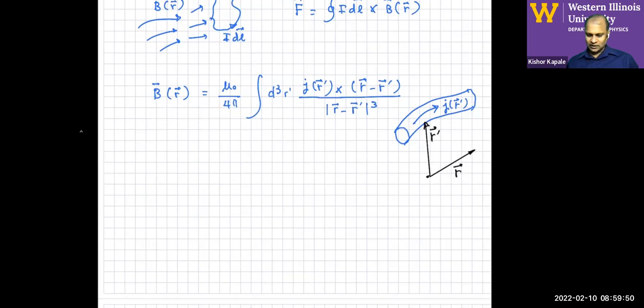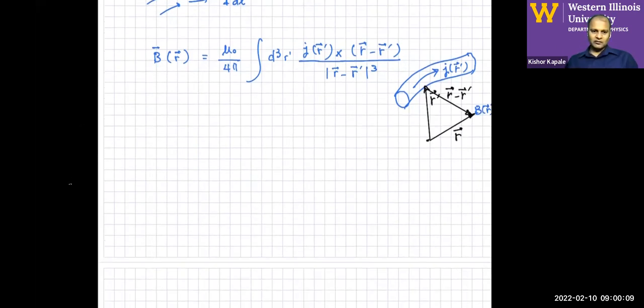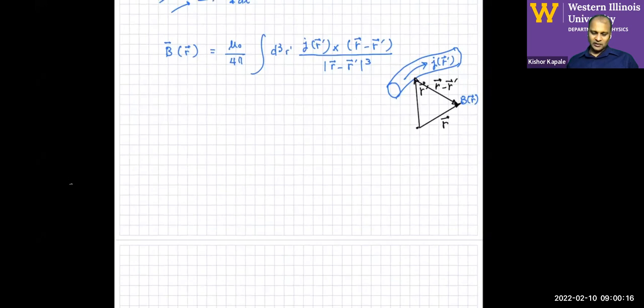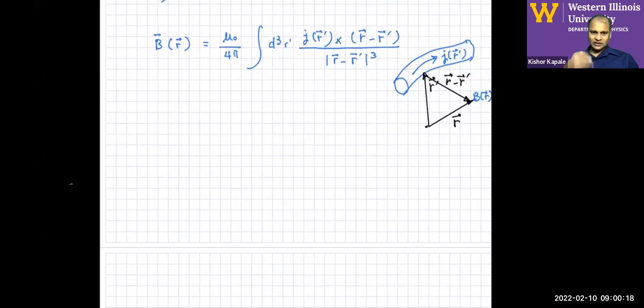And so what matters again is the r minus r prime, and we are trying to find the magnetic field at this point in space due to some source that we got. So that's why the integral is always over r prime.